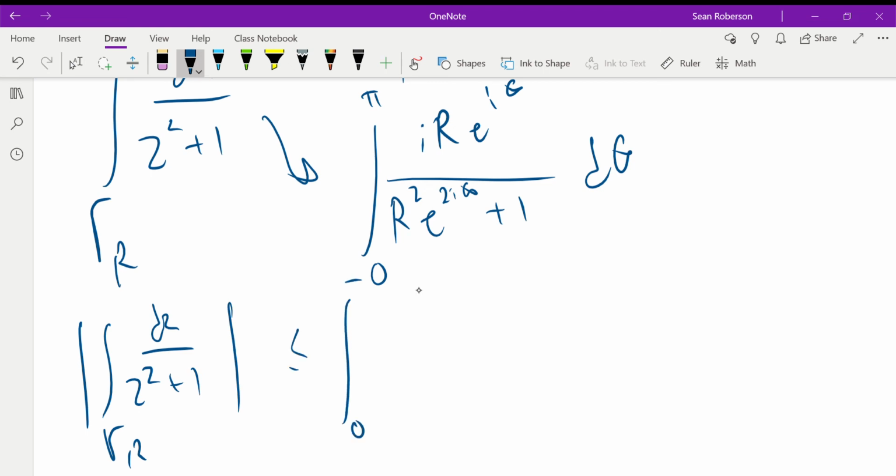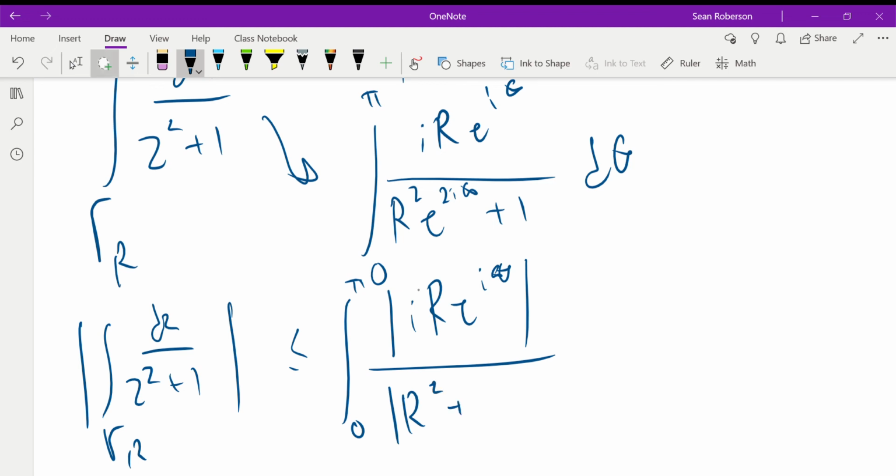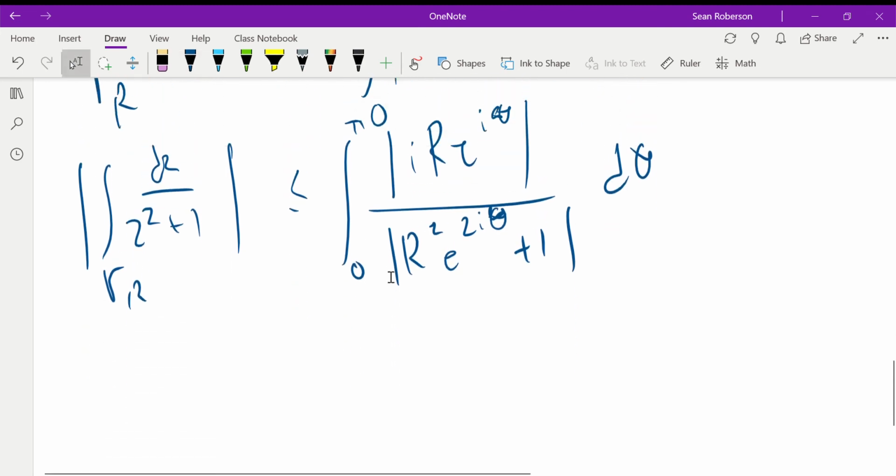The integral from 0 to pi, and I'll have on the inside here the modulus of i r e to the i theta over the modulus of r squared e to the 2i theta plus 1, d theta.